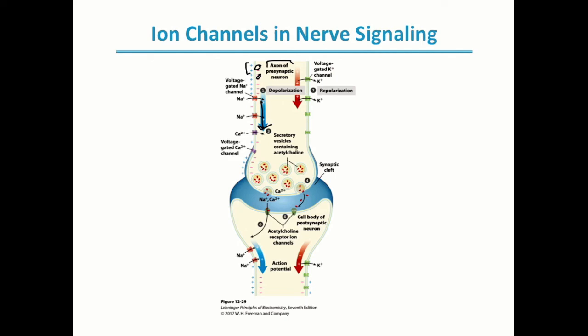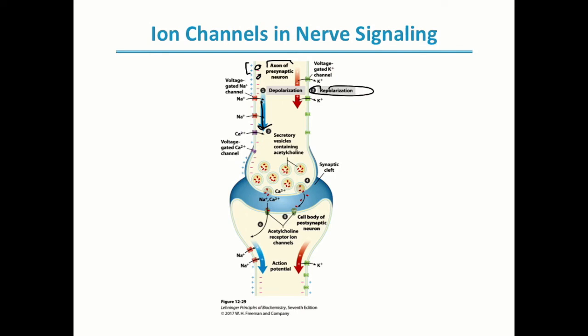A split second after this happens, the voltage-gated potassium channels open, allowing K+ ions to exit, which brings about repolarization of the membrane to make it ready for the next action potential.